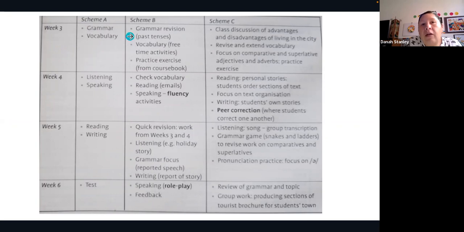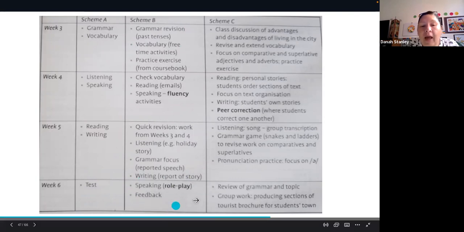So I deduce that is present and past. So vocabulary, about the free time activities and practice. The practice is from the course book, based on the vocabulary and based on the grammar. Entonces I know that this sequence will be consolidated in speaking.